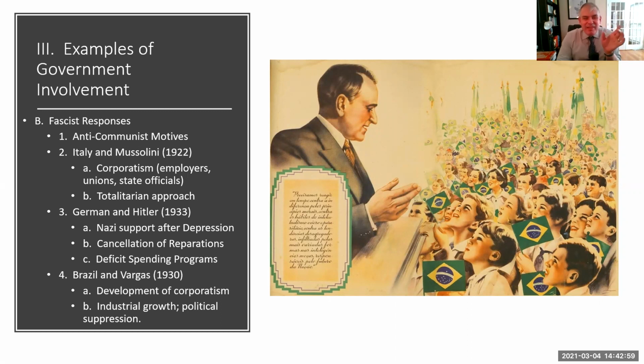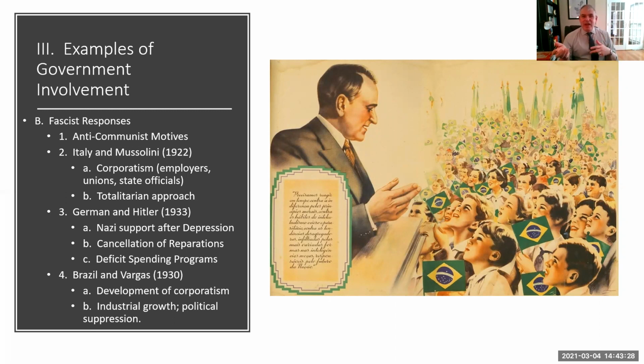And we say anti communism for this period of time because the communist revolution was fresh in everybody's mind. Italy did not want to see a Bolshevik revolution in their country. Germany did not want to see a Bolshevik revolution in their country. Brazil doesn't want to see a Bolshevik revolution. So the fear that the communist revolution would come to name your country motivated a political formation called fascism.